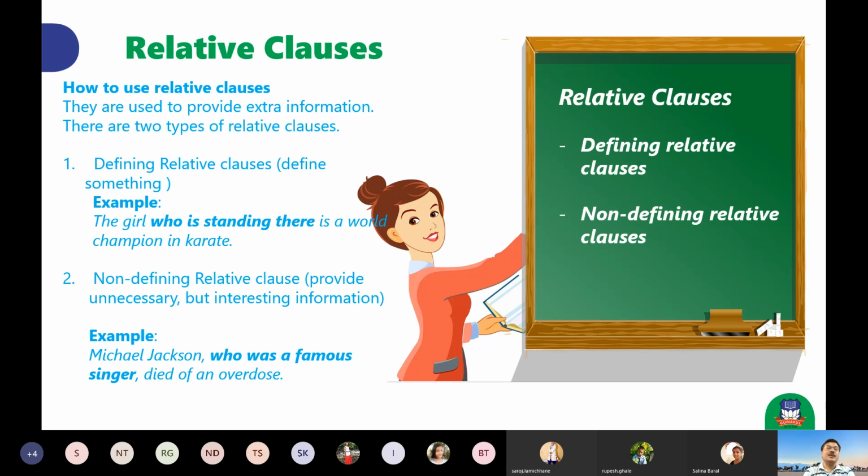Suppose you say, the girl is a world champion in karate, who is standing there. This way it is not the right structure. After the girl, who is standing there must come. Then only it is known that this clause defines this noun. So this is a defining relative clause.